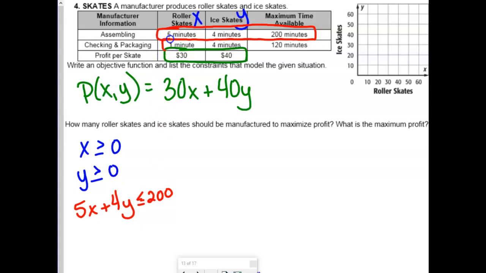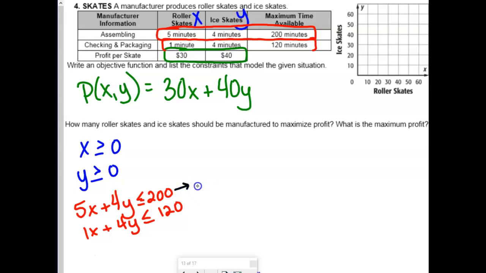And then similarly, you're going to set up another constraint based on the amount of time it takes for them to check the packaging. So 1x plus 4y, and then up to 120. All right, so if I was going to graph this, there's no way I'm going to be able to graph even close to accurately unless I have it in slope-intercept form.